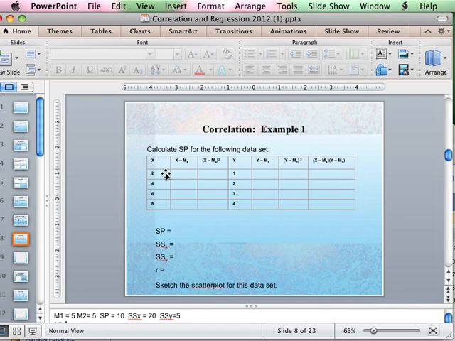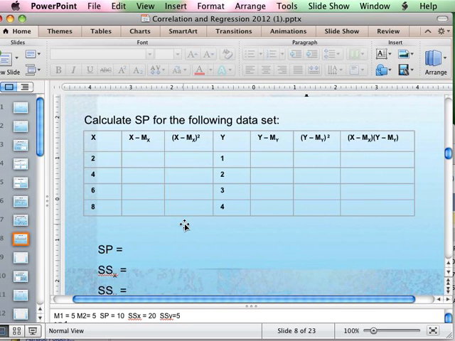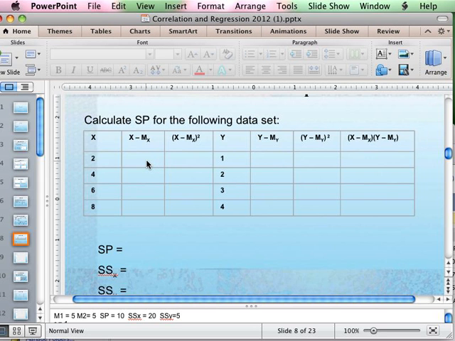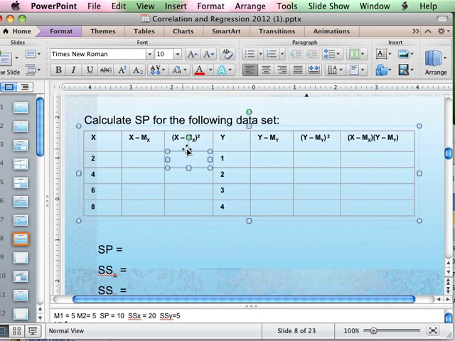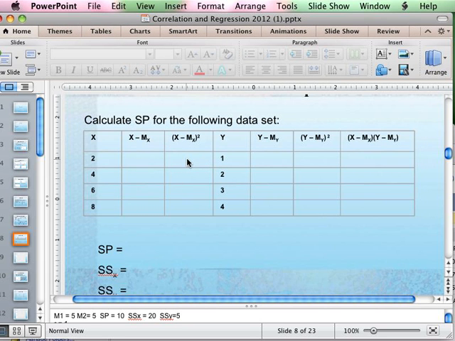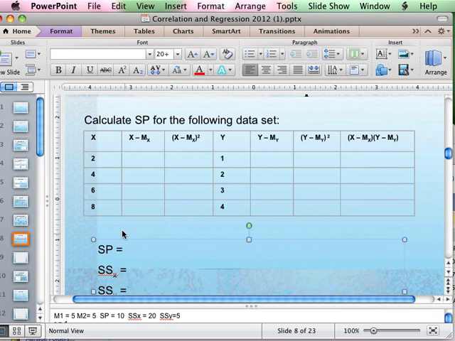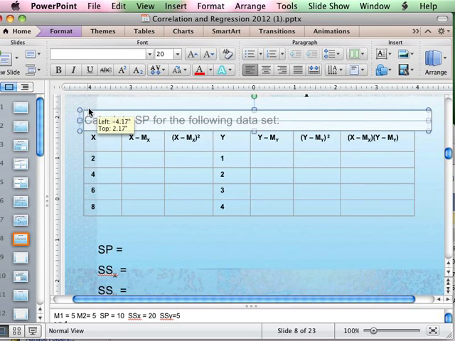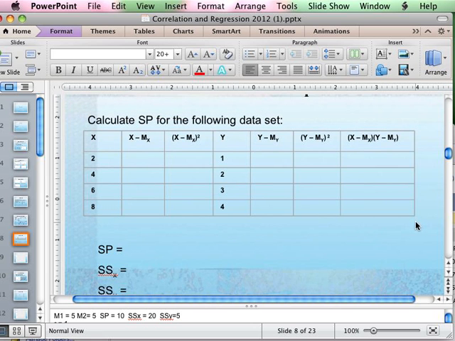So when I look at this, these are my x scores, 2, 4, 6, and 8. Can I even write in this thing? What kind of table is this? It's one of those Word or Windows to Mac conversion issues. I can't even write in this table. How terrible is that? Well, let's try something.